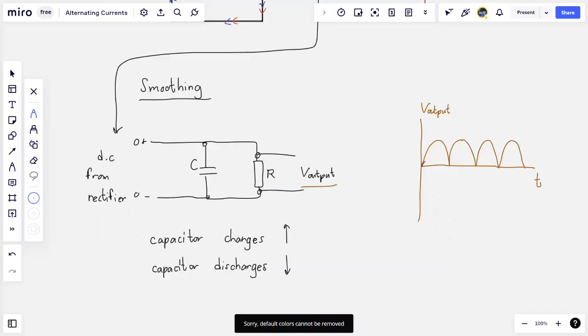So on the way up, my capacitor is charging. On the way down, my capacitor discharges, and so I smoothed out the downward part of the hill a bit. The capacitor then charges again, but has to charge less, and then discharges.